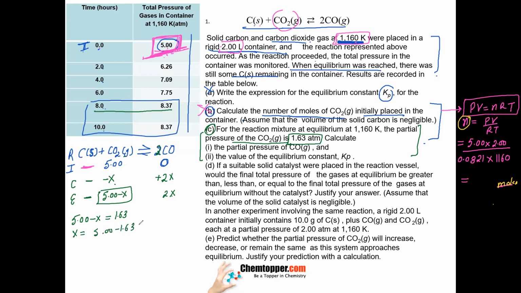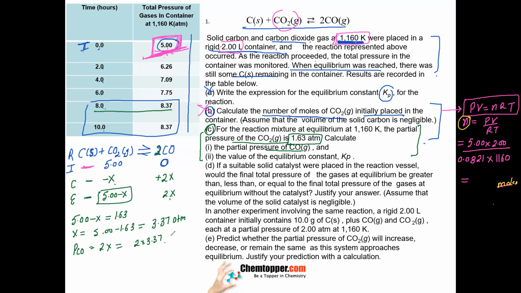How much is this? Can you work out X? 3.37 atm. So now what is the partial pressure of CO then? Partial pressure of CO is 2X.